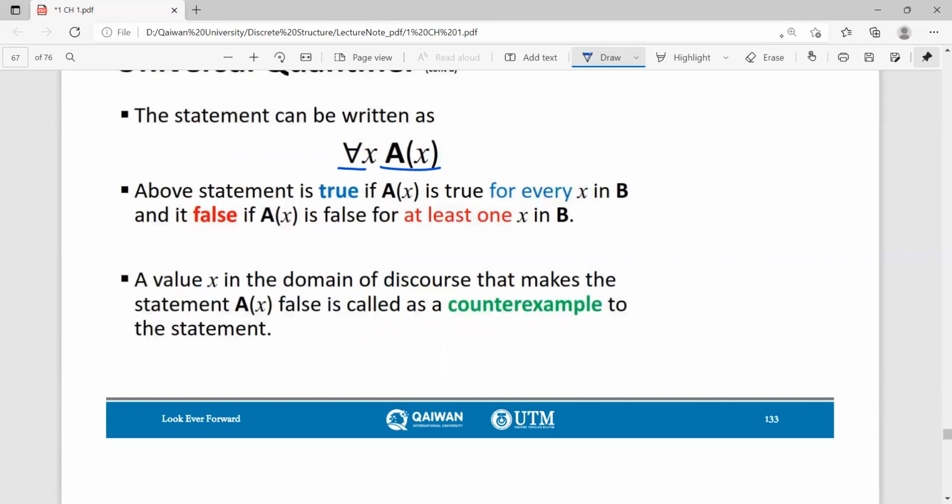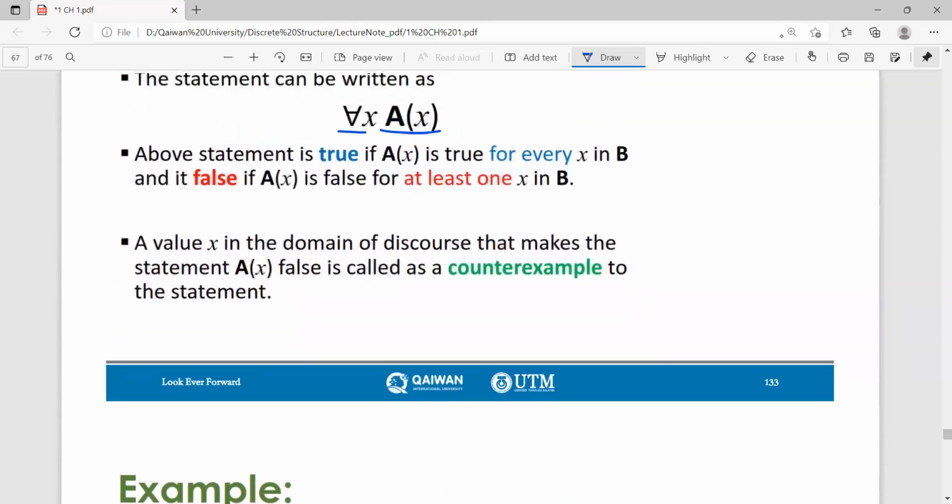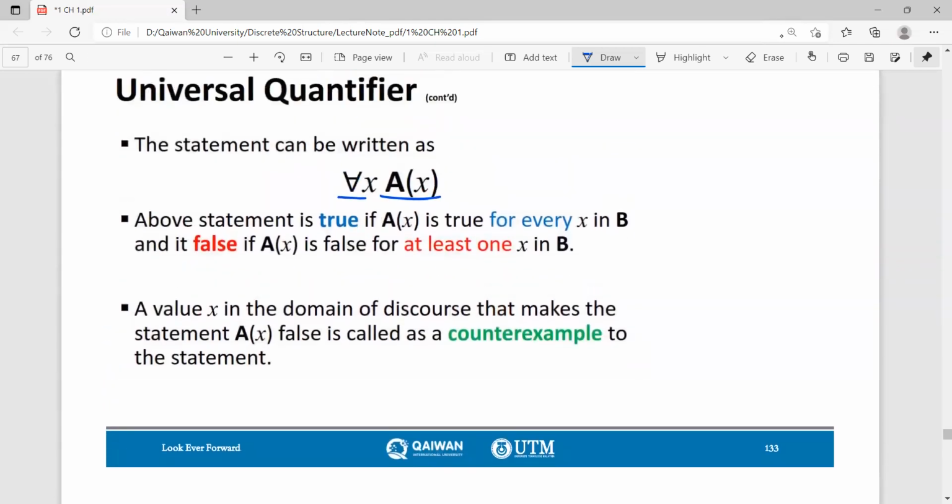Let's take an example. We say it's true if for every x in the domain, the statement is true. And it's false if we have at least one element in the domain such that the statement is not true. If we have only one element which shows that the statement is not true, we say the quantifier is not true.